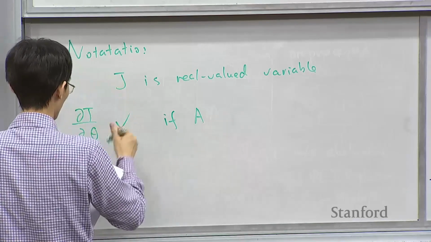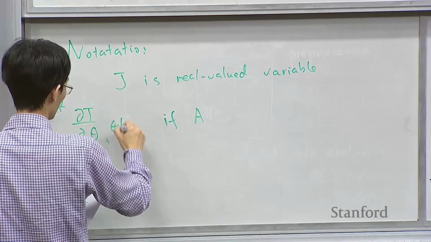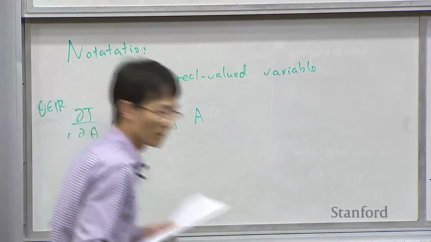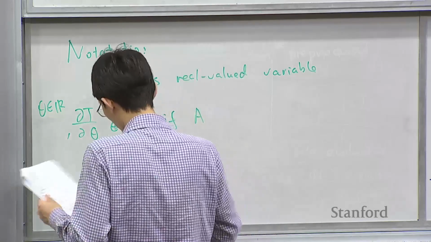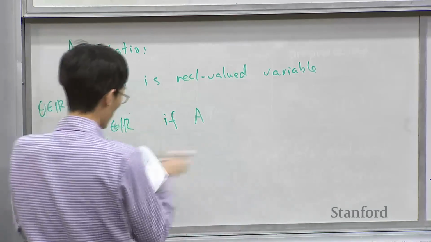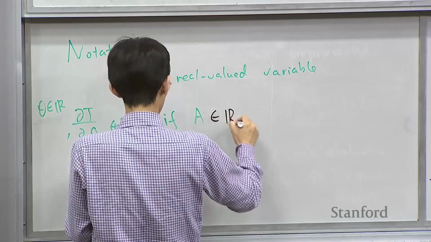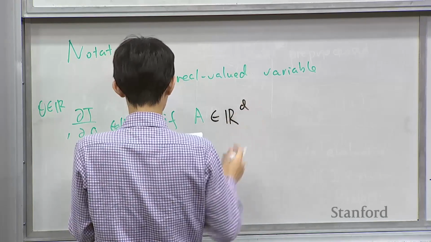If theta is a real-valued vector, this is just the partial derivative, which is easy. And what if A is some variable in dimension D?